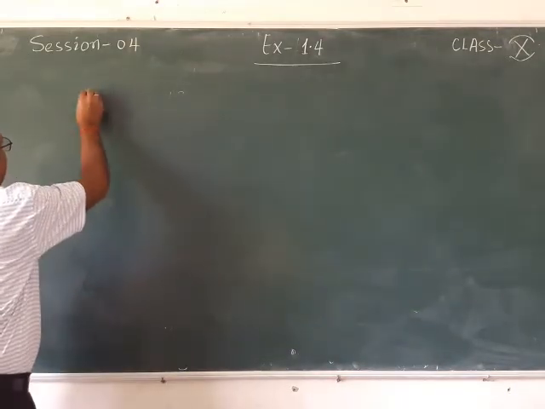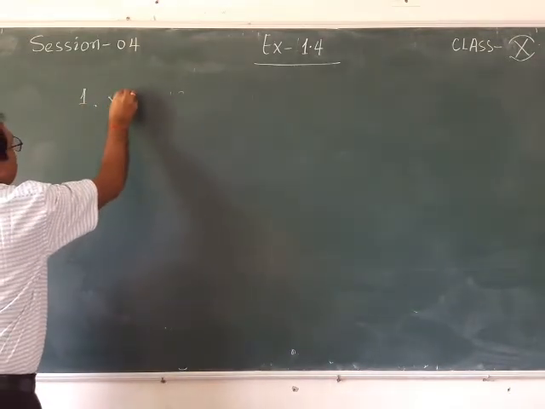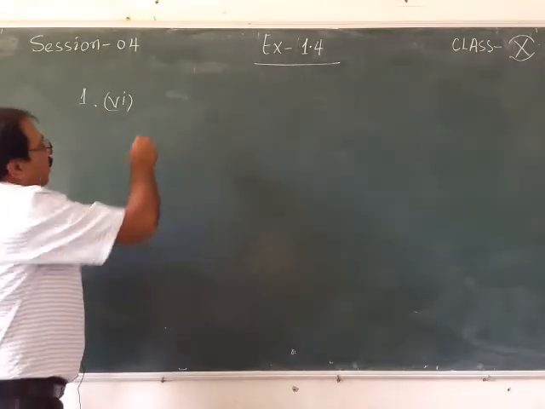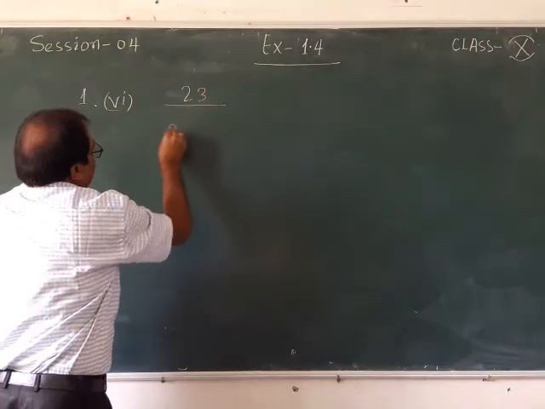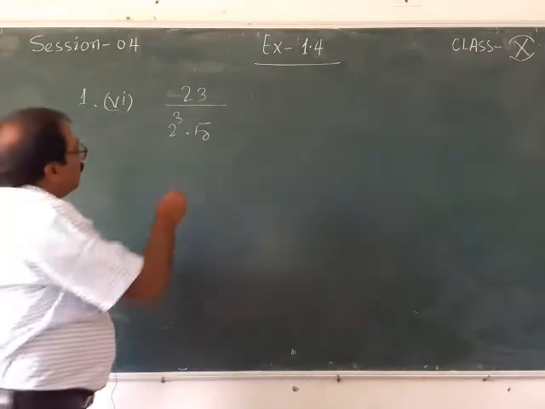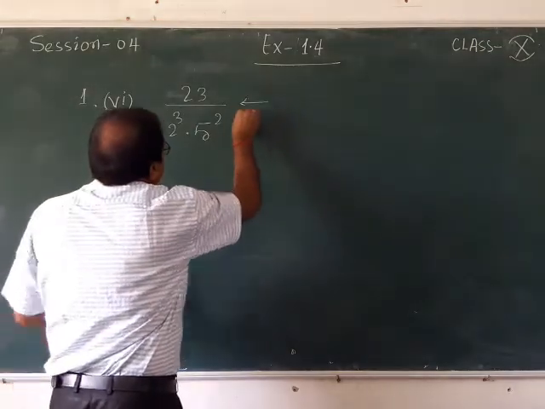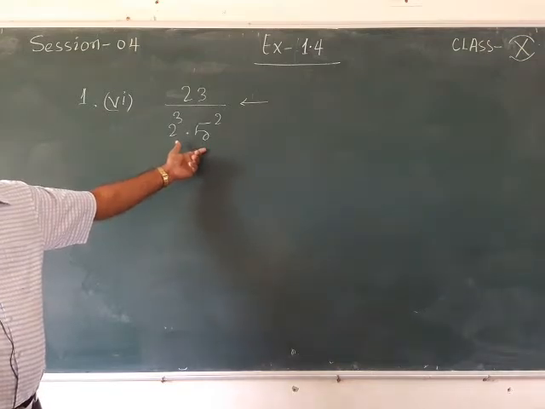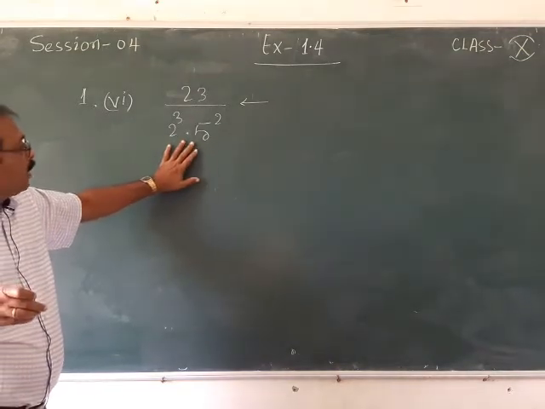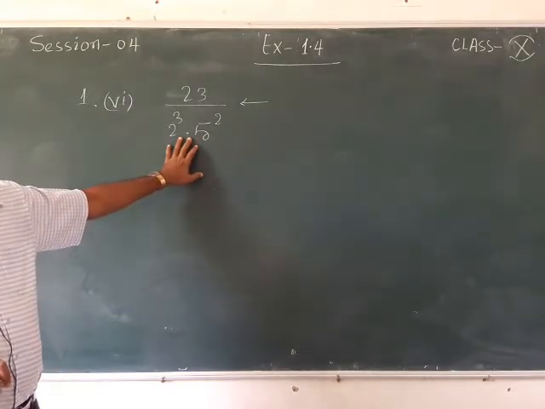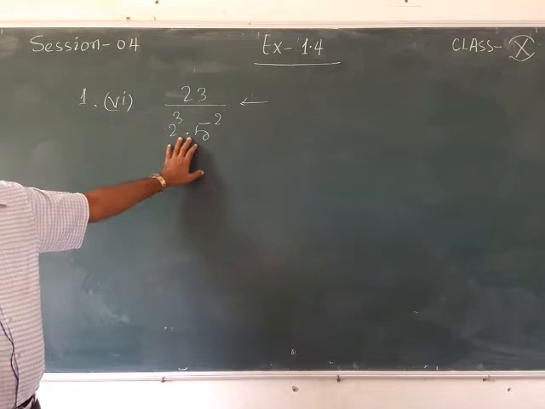Here the question is 23 upon 2 to the power 3 into 5 to the power 2. Just by looking at the denominator, you can say that the denominator is of the form 2 to the power m into 5 to the power n. That means clearly it is a terminating decimal expansion.